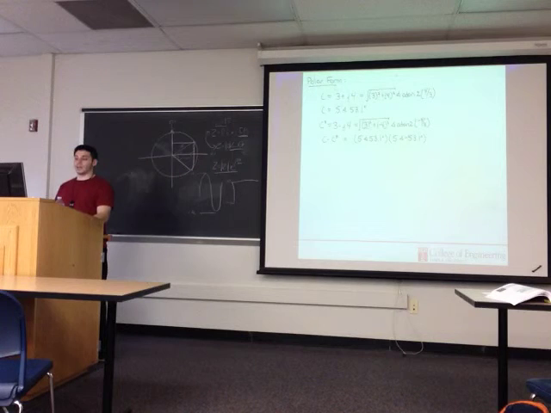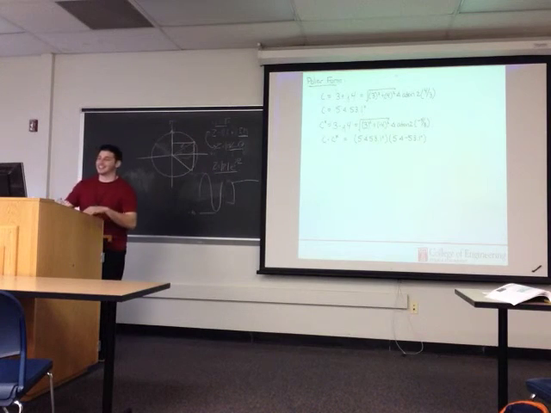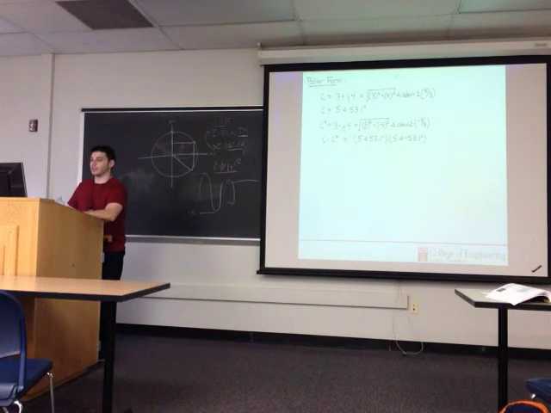So we multiply our magnitudes of the two, 5 times 5, which is 25, and we add the angles, which is 0.